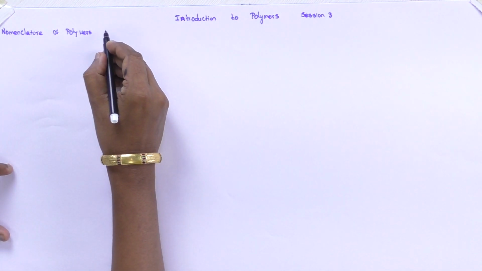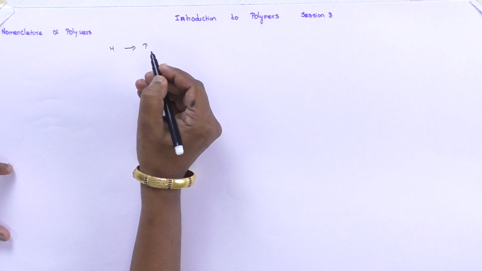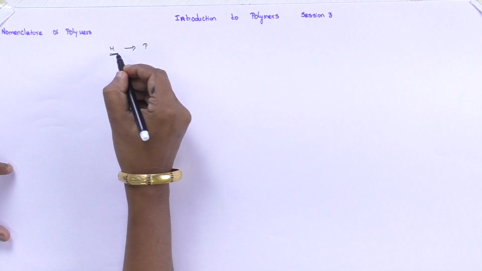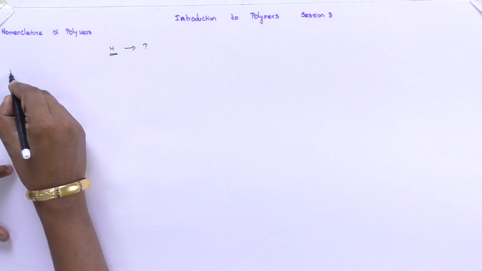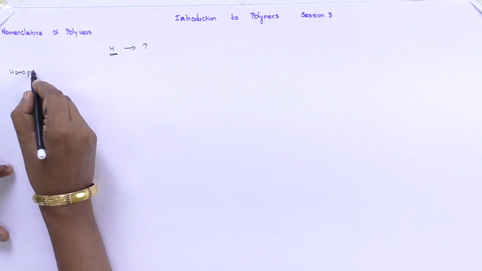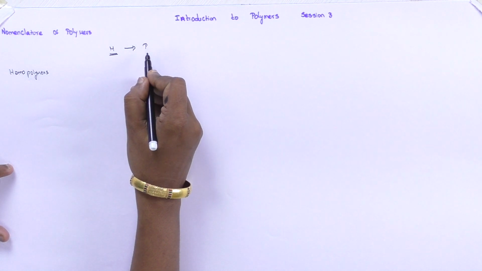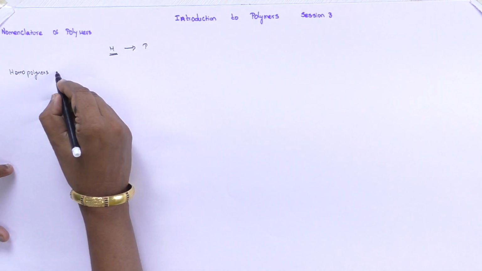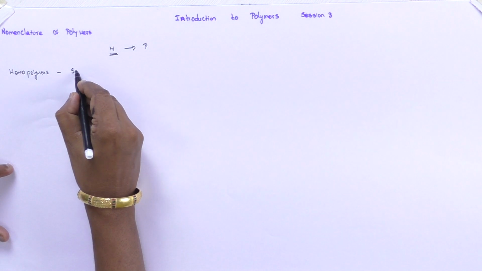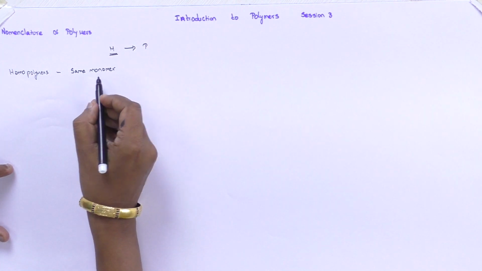Polymers are formed when monomers combine. This monomer may be of a single type, which is called a homopolymer. If the monomer taken or the polymer formed is of a single type, it is called a homopolymer, formed from the same monomer.